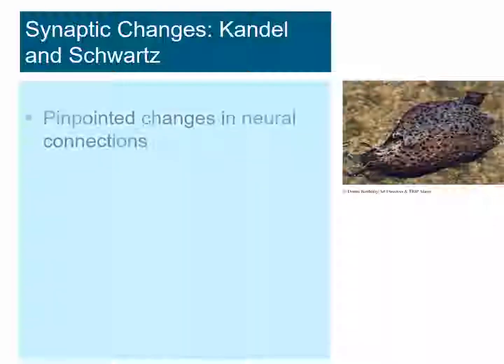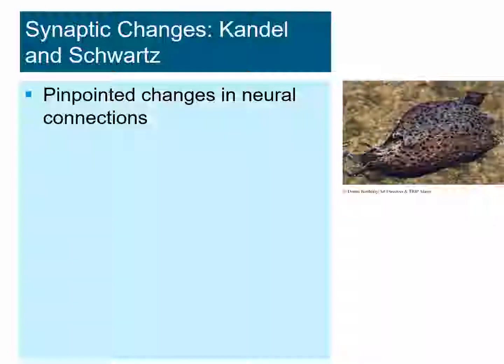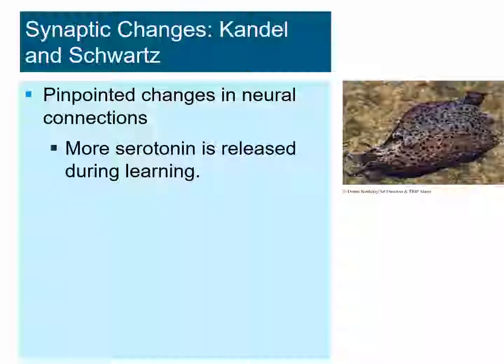So let's learn about synaptic changes from Kandel and Schwartz. They were studying slugs, as you can see from this little guy here, and they pinpointed changes in neural connections. There was more serotonin, which is a hormone in your brain that gets released during learning.